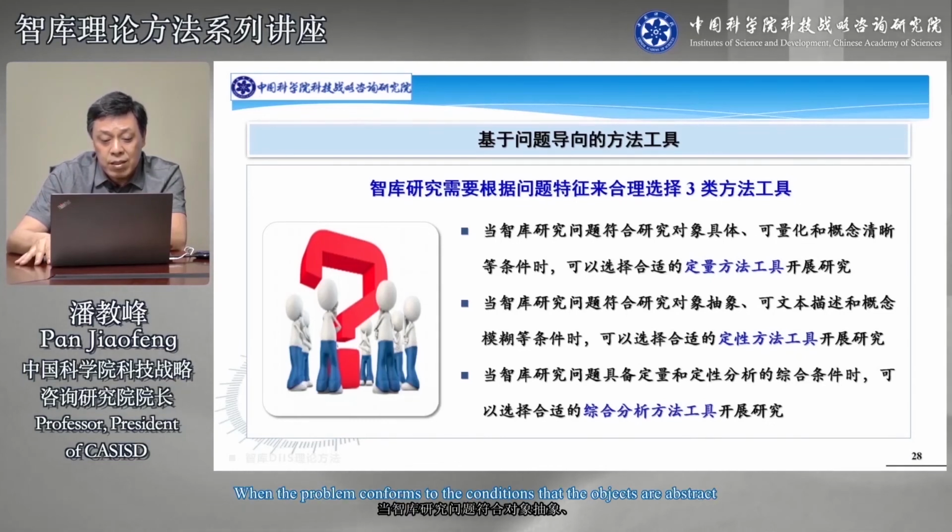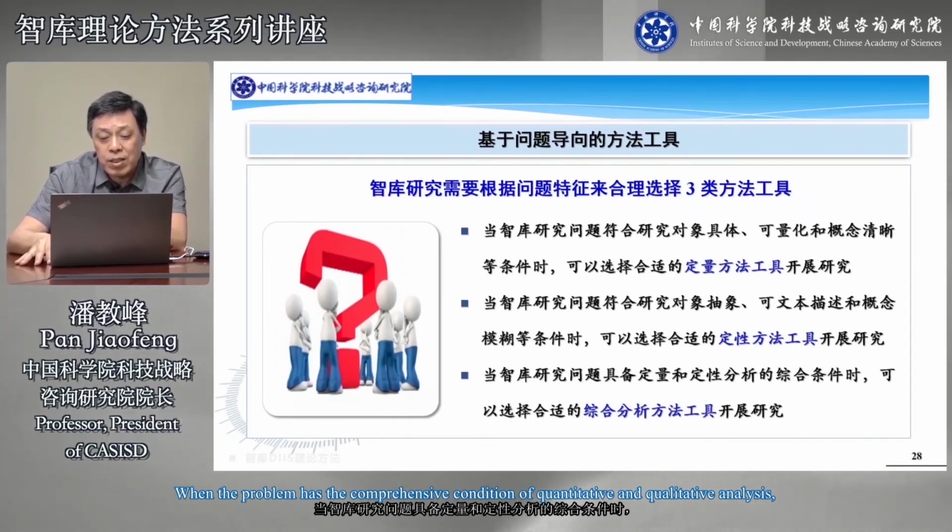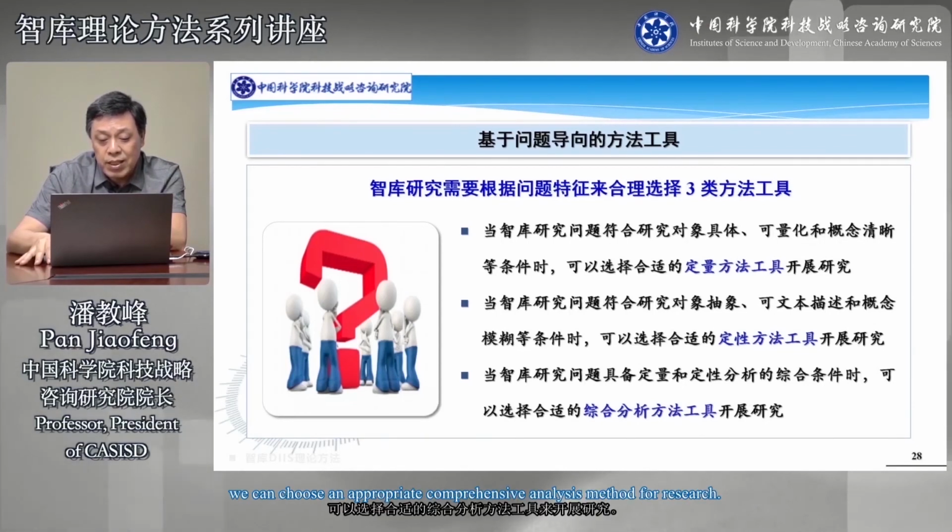When the problem conforms to the conditions that the objects are abstract and can be textually described with fuzzy concepts, we can choose qualitative methods. When the problem has the comprehensive condition of quantitative and qualitative analysis, we can choose an appropriate comprehensive analysis method for research.